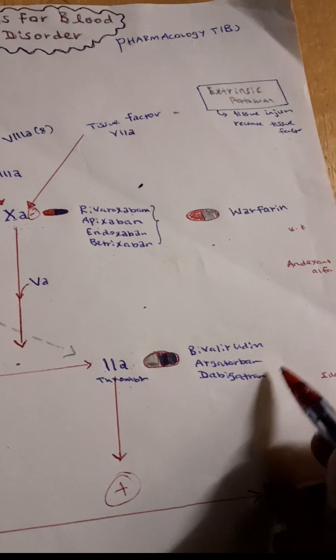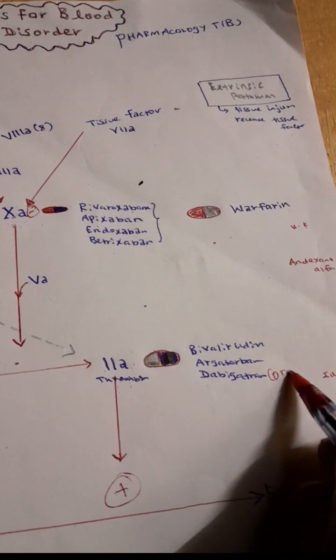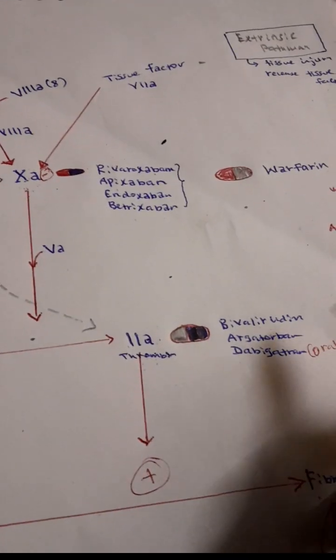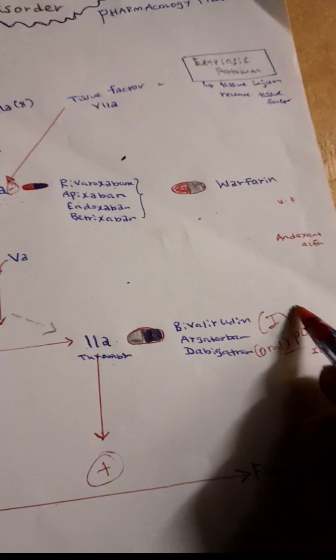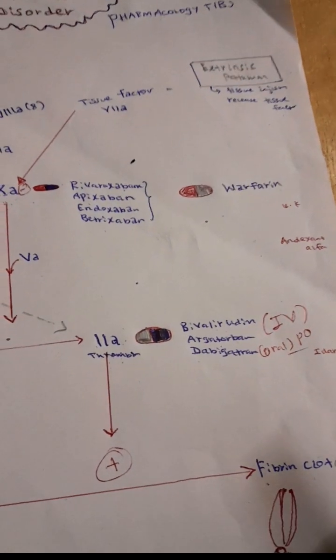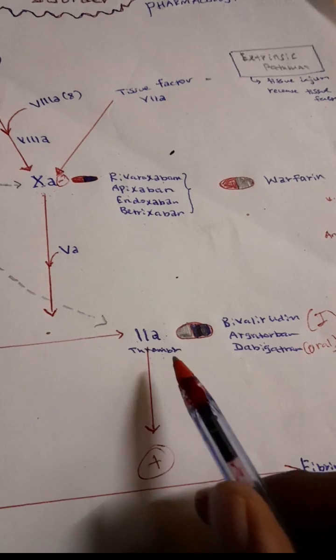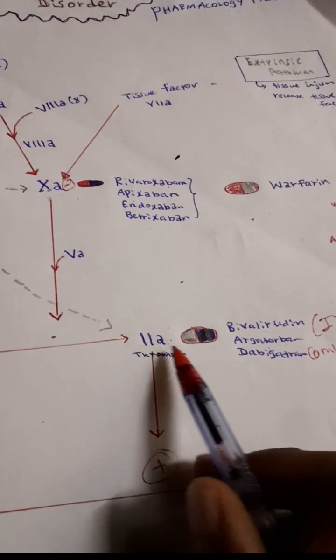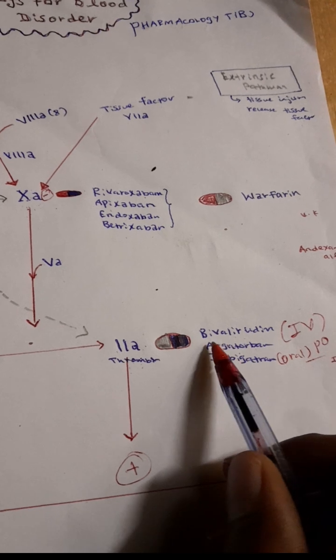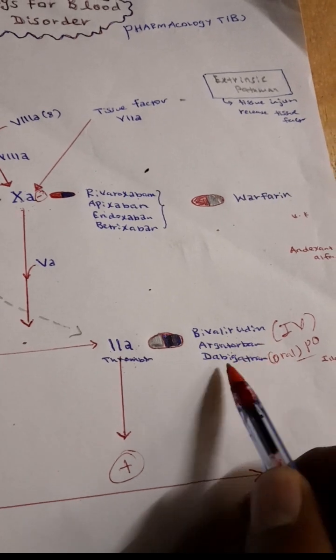Dabigatran is taken in the oral form, PO, and bivalirudin and argatroban are administered in the IV form. These are the direct factor 2, or thrombin, inhibitors: bivalirudin, argatroban, and dabigatran.